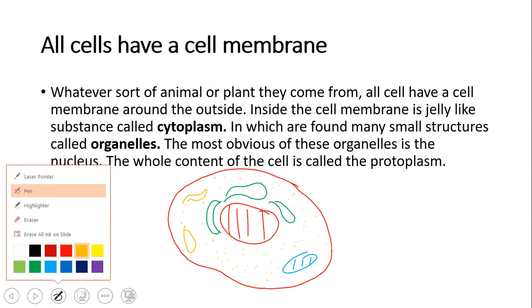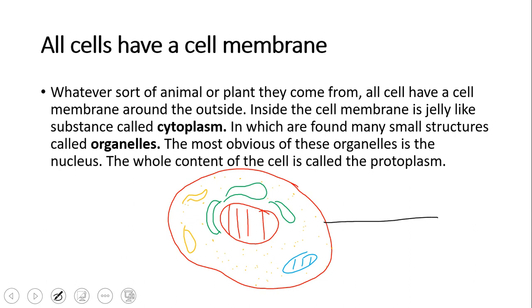So what is the cell membrane? Proteins will enter and leave the cell. Very good. So that's the cell membrane right there. It's found on the outside of the cell. It surrounds the cell. It protects the cell, and it determines what enters in and out of the cell.